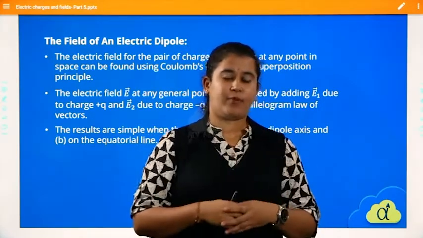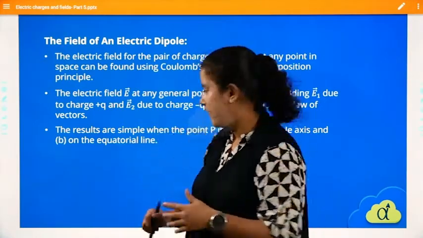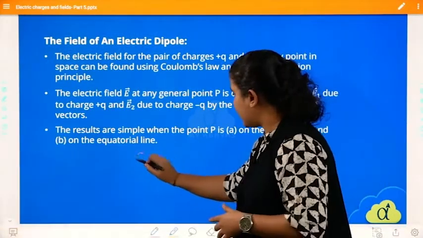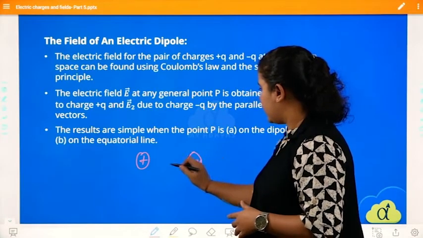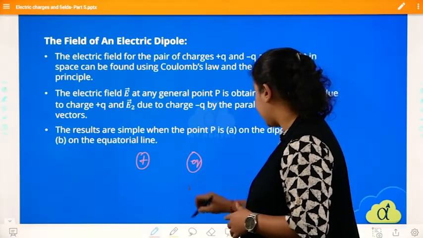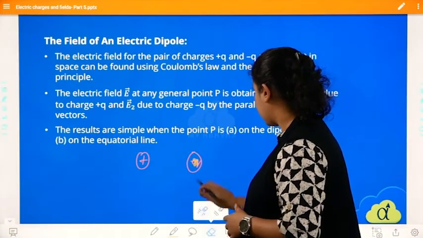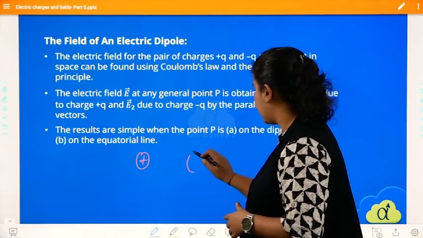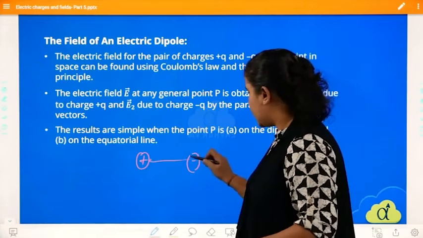So for that dipole, you can find it in two cases. Whenever I take a dipole here, with positive and this negative, the first thing is the distance is 2a.